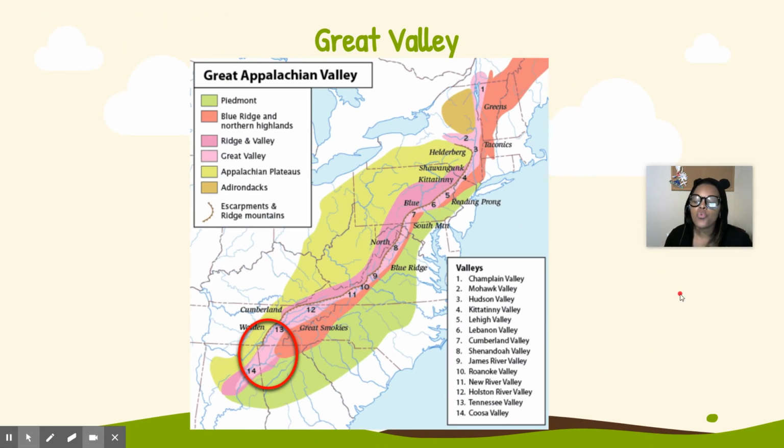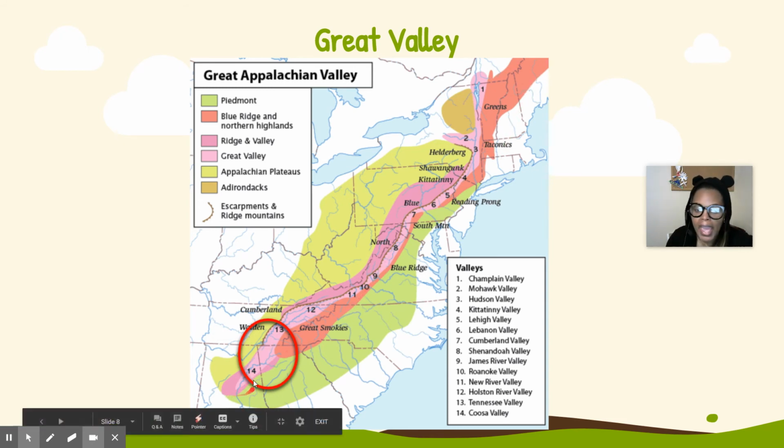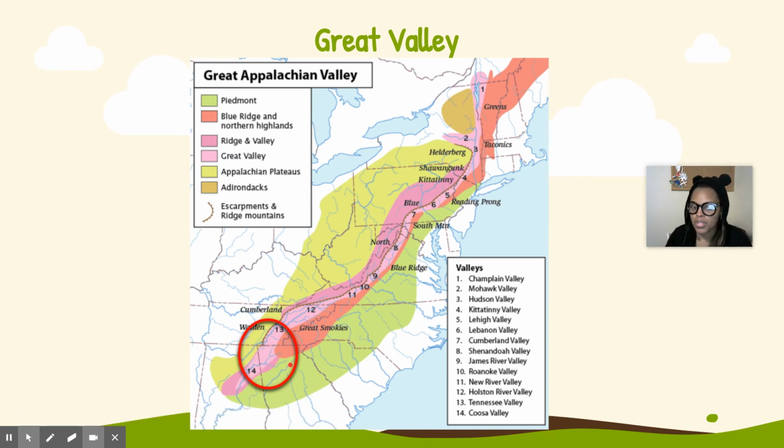Now here's the Great Valley. Now the ridge and valley is a part of a great valley, okay? That runs all the way up from Maine, all the way down to Alabama. And we just have a slice of it here in Georgia. So we got the intel of it, okay? But it's a part of a much bigger valley.